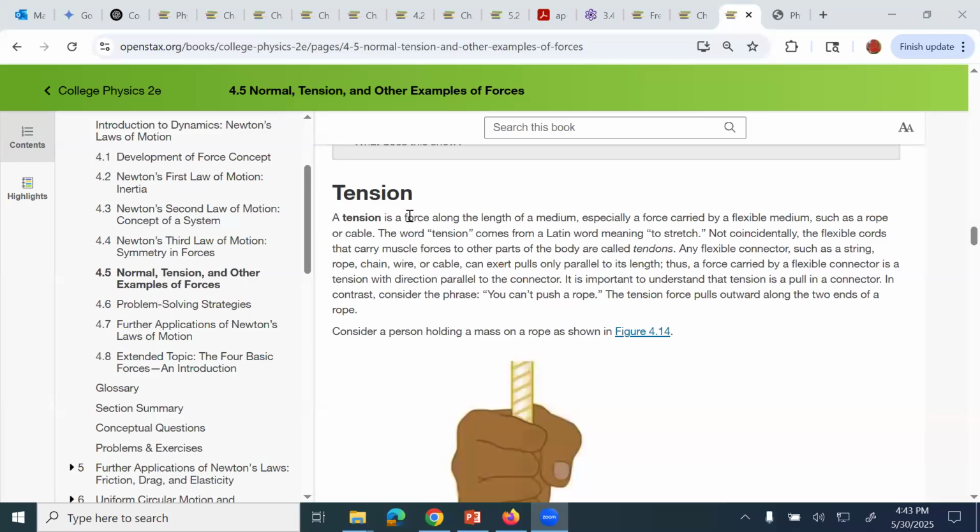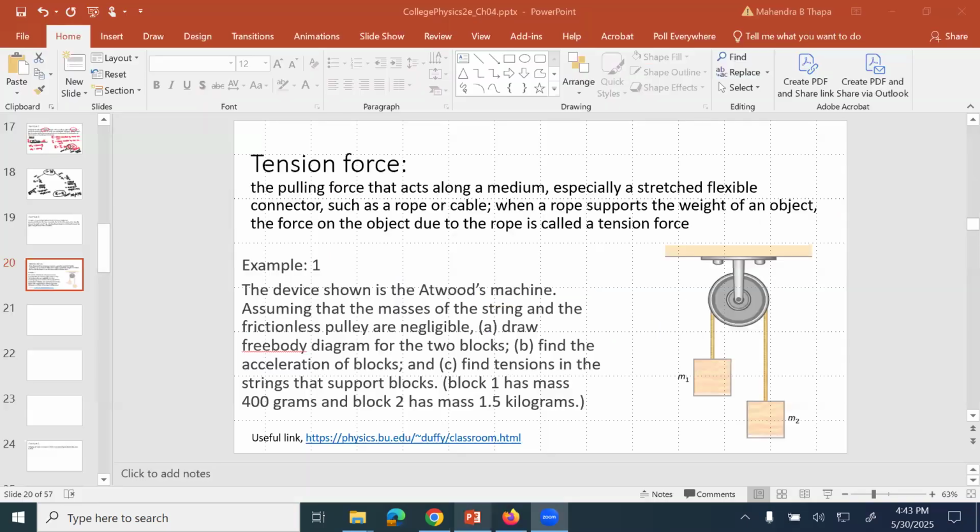In general, the force on the string is called the tension force. So let's do a problem based on that. In this problem, two masses, m1 400 grams and m2 1.5 kilograms, are hanging from a pulley.